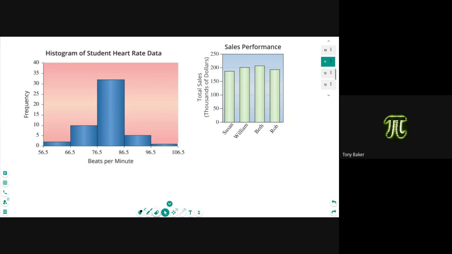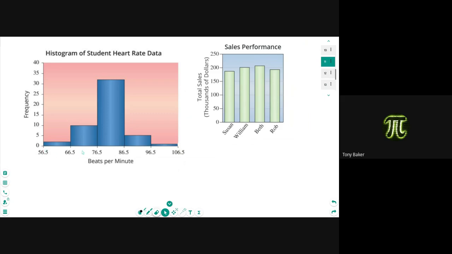Yeah. That 66.5 is right between the two classes, right? So the data from one kind of blends into the data from the other one. It starts off right where it left off. So that right there, that's the biggest piece of a histogram. The bars have to be touching.